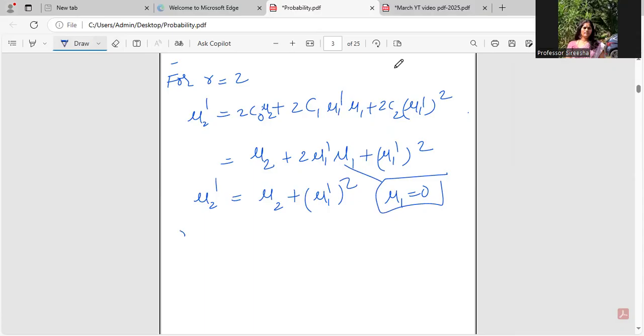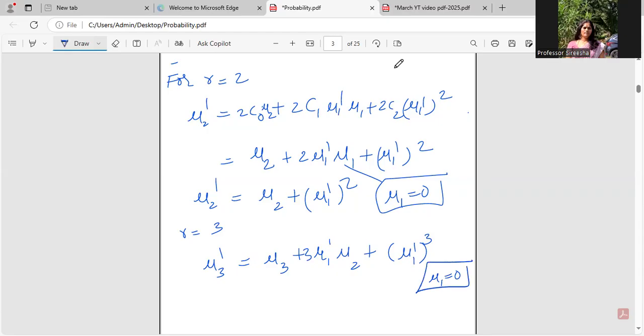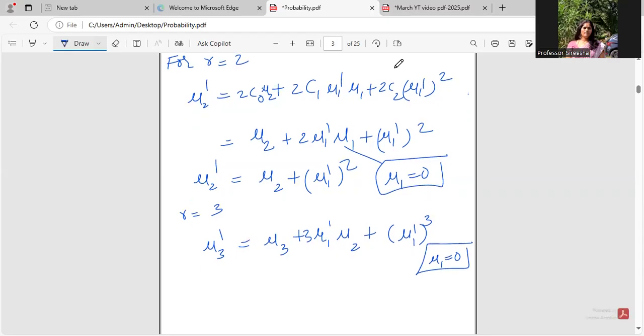Right? Now, for r is equal to 3, it is mu3 prime. This is equal to, you can just check, mu3 plus 3 mu1 prime mu2 plus mu1 prime whole cube. Again, here I'll be having a mu1 term which will go to 0, because about the mean, the first moment is 0.